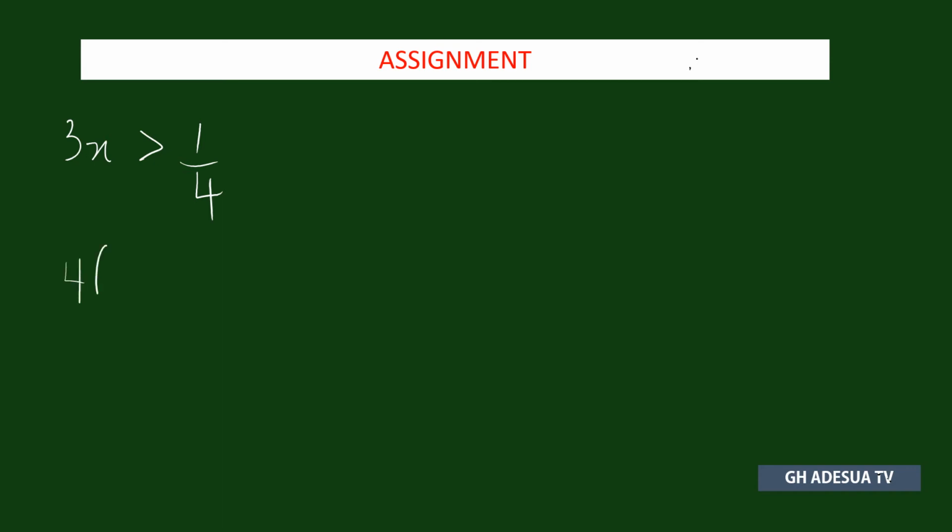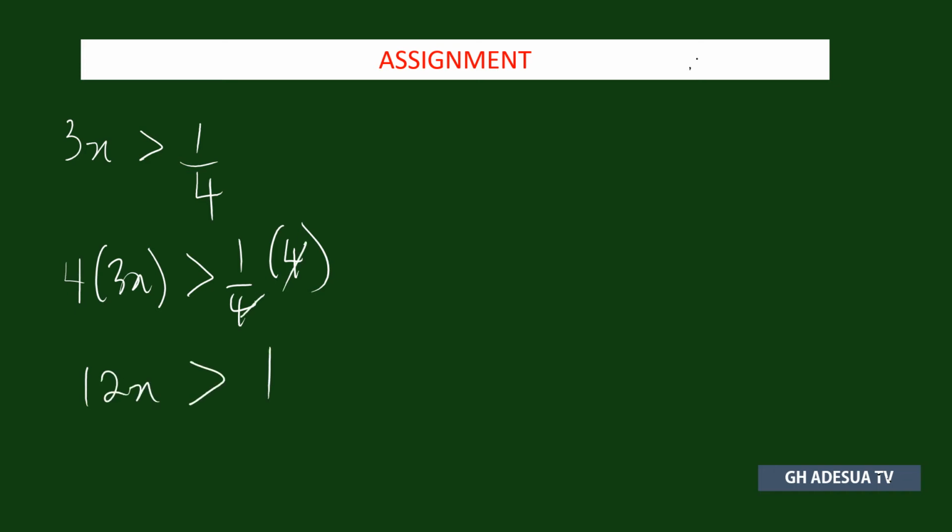So you have 4 into bracket 3x greater than 1 over 4. So 4 on both sides. You have 12x is greater than 1. However, I want x to stand alone, so over 12 over 12. We have x is greater than 1 over 12. Now that is for the right hand side.